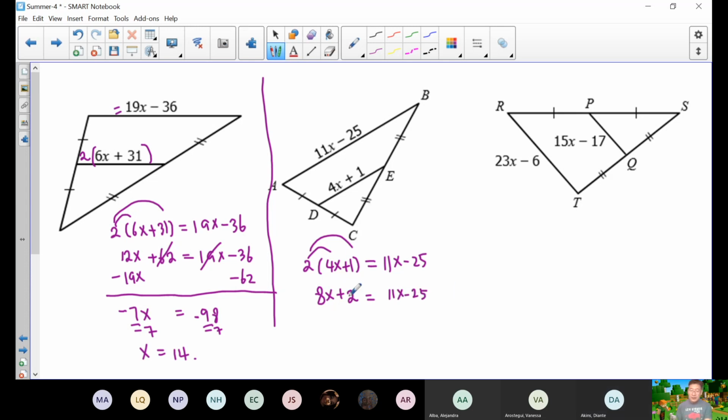Think about it, cross out, cross out. When I do this, negative 3x equals negative 27. Divide by 3, negative 3, divide by negative 3. It gives you what? 9.